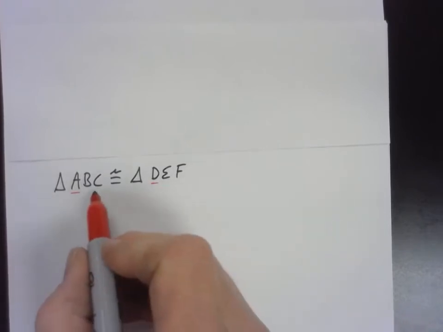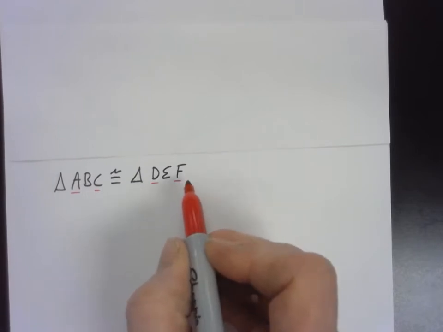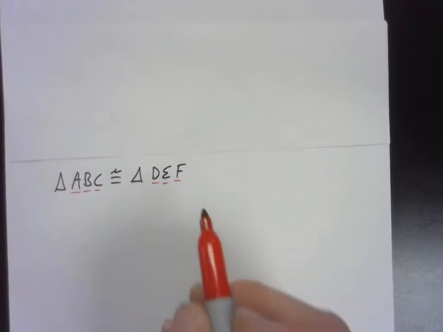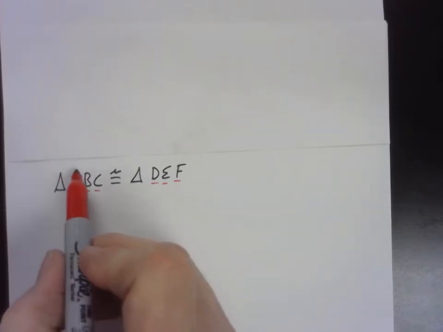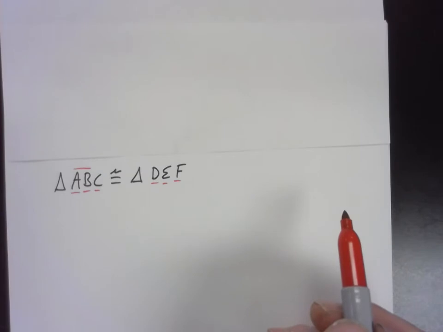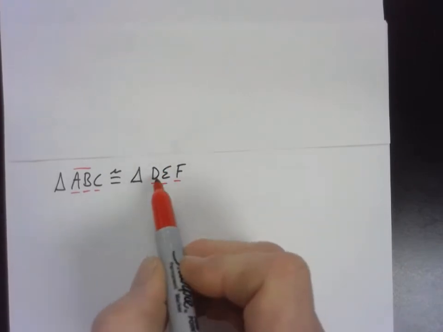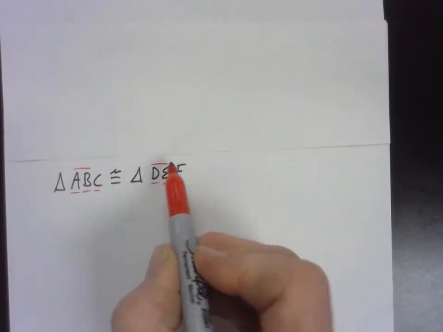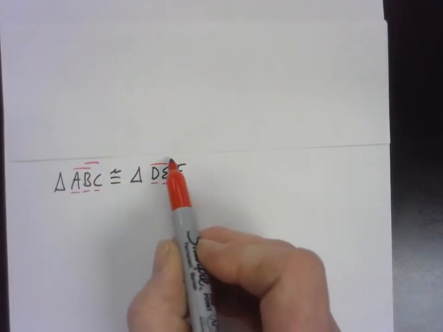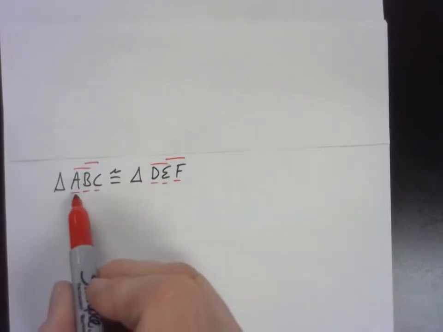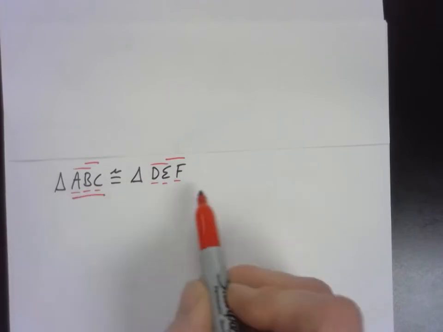And angle C corresponds to angle F, and angle B corresponds to angle E. It tells you by the order that they're listed which angles correspond to which one, so you know what's going on. And not only that, but segment AB in this triangle corresponds to segment what? DE. Okay? And segment BC corresponds to EF, and segment AC and DF.